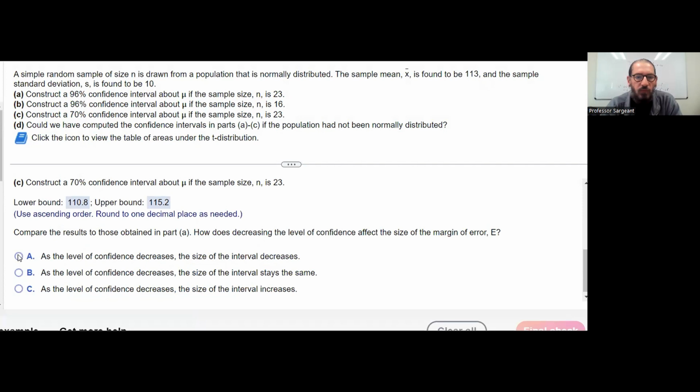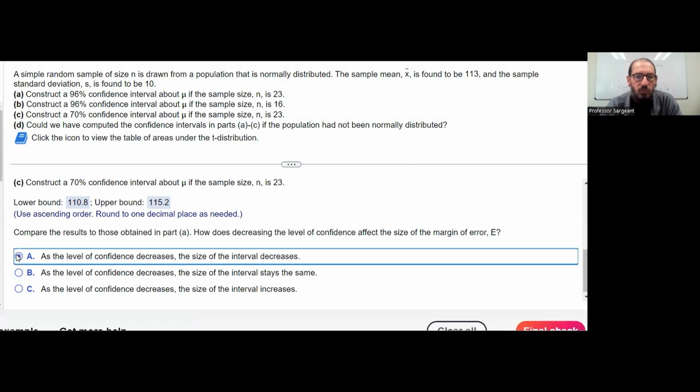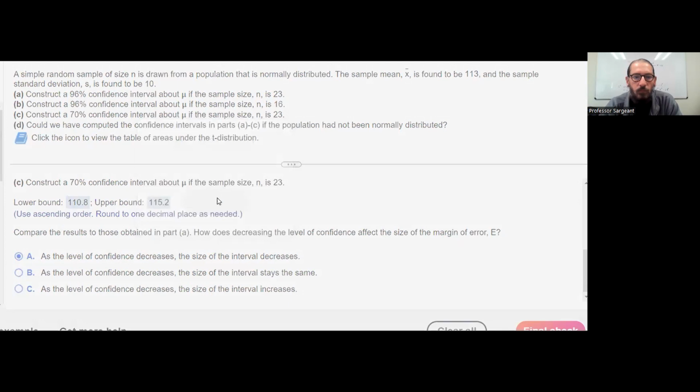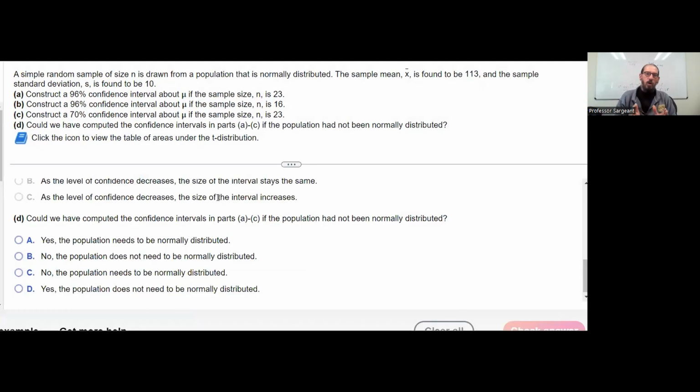As the level of confidence decreased, the size of the interval decreased because the margin of error decreased. So what we want is both a high level of confidence and a low margin of error. The way that you're going to get that is by having larger samples.